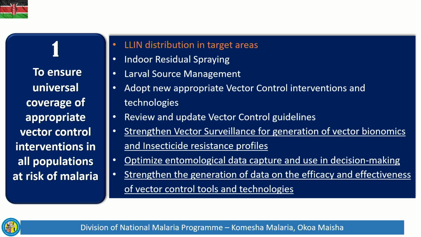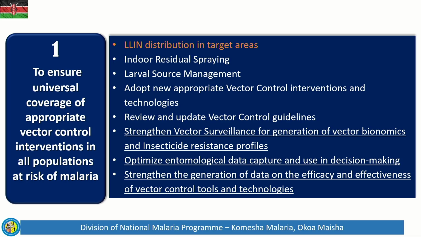We introduce another important strategy, which is adopt new appropriate vector control interventions. And this is us choosing to actually utilize the data that is being generated within the country with the changing dynamics. And for that, one of the tools we adopted is spatial repellents for the country, where we generated really good data that showed impact.